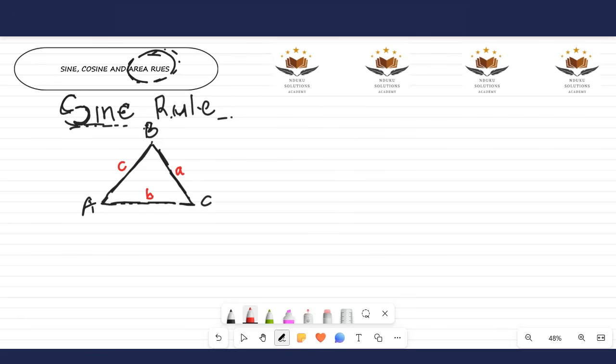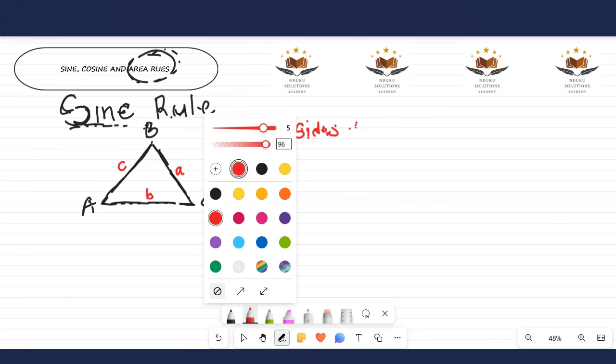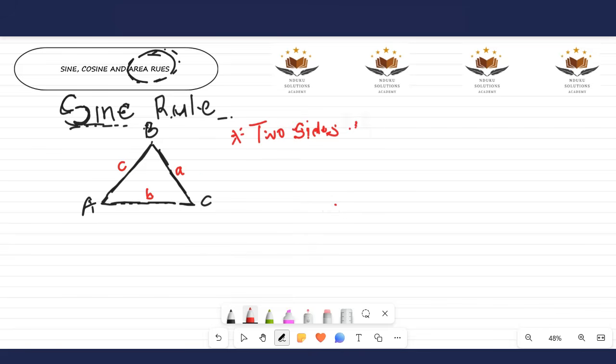So for the sine rule to work, you must be given two sides and an angle.